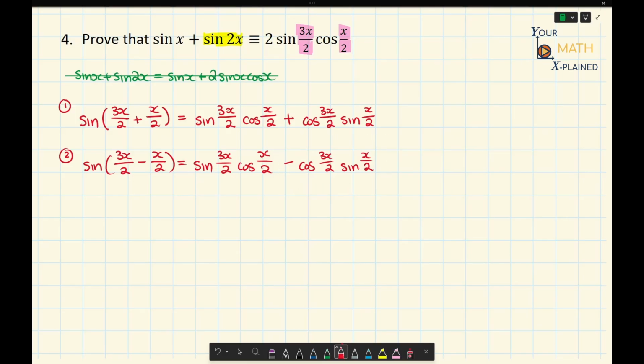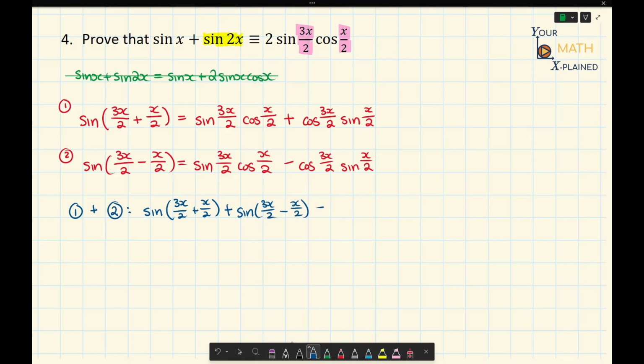So now what we're going to do is we're going to take our first equation and we're going to add it to our second equation. So that means on the left-hand side, we would have sine of 3x over 2 plus x over 2 plus sine of 3x over 2 minus x over 2.